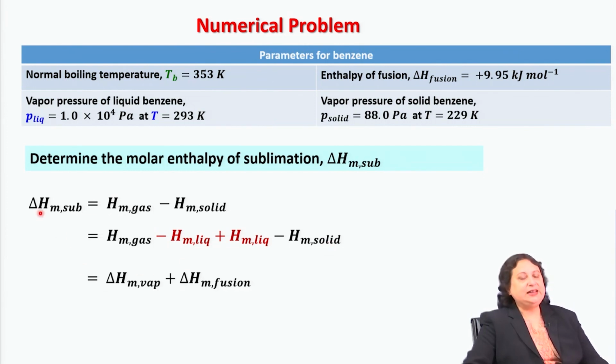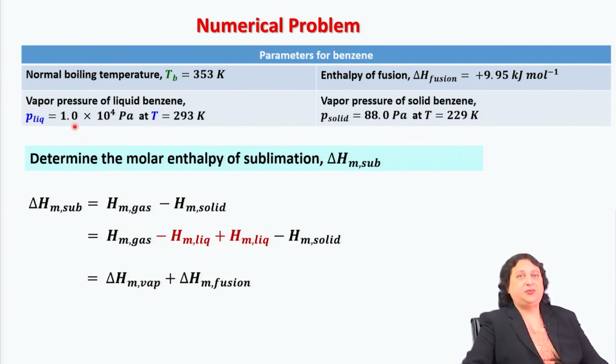Now, what is it that I have found from here? I find that delta H_m sublimation is equal to the molar enthalpy of vaporization plus the molar enthalpy of fusion. So, now do I know the molar enthalpy of fusion? Yes, this is something that is given to me. Do I know the molar enthalpy of vaporization?